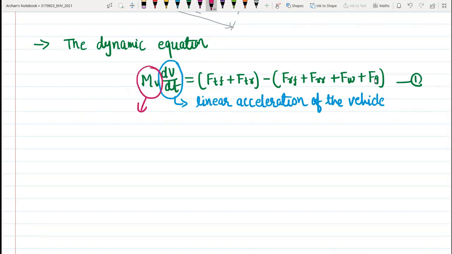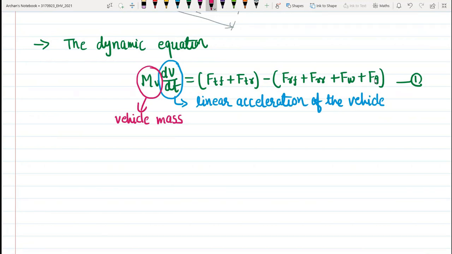Now look at the right hand side of the equation.